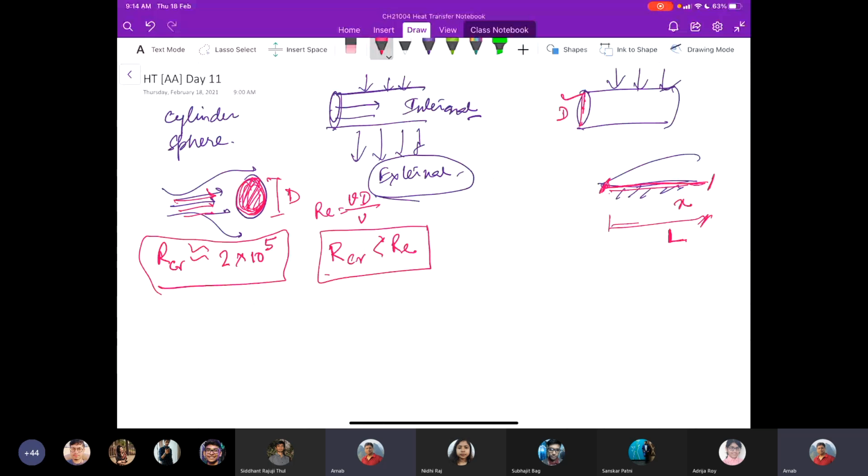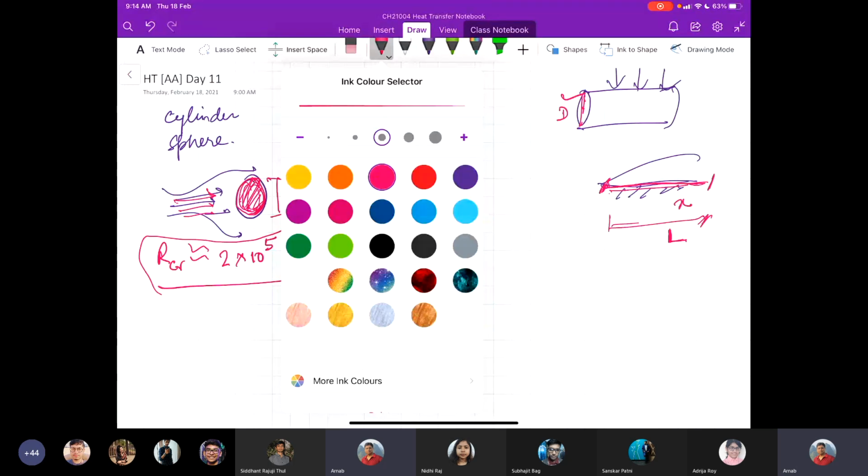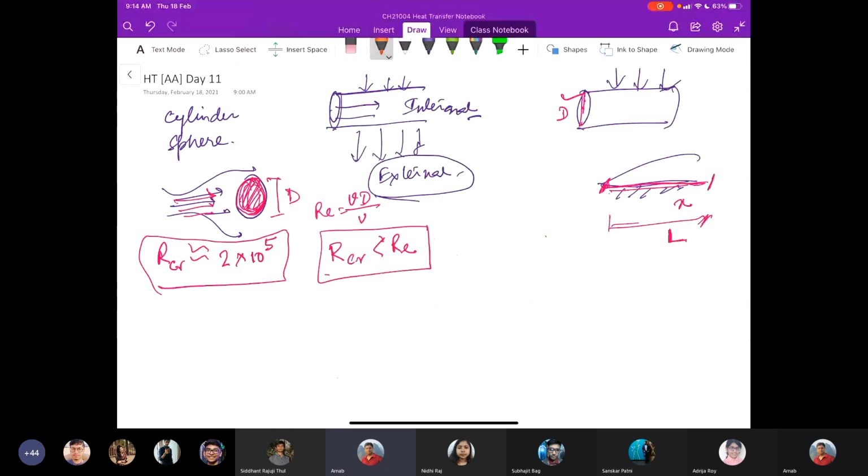Okay. Now, do you remember the CD versus RE plot for such scenarios? Say this kind of plot. Do you remember, RE and CD?